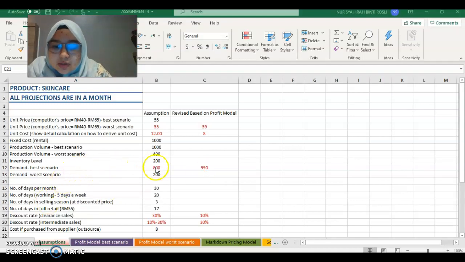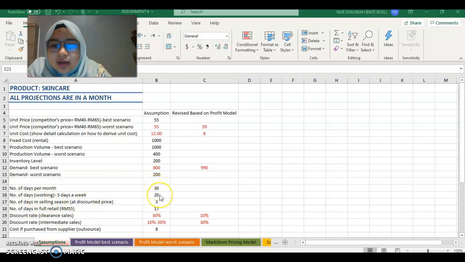And for the worst scenario, I assume it to be 200. Number of days per month is the days where we are working. The days of the month is 30, and number of days working is 5 days a week.